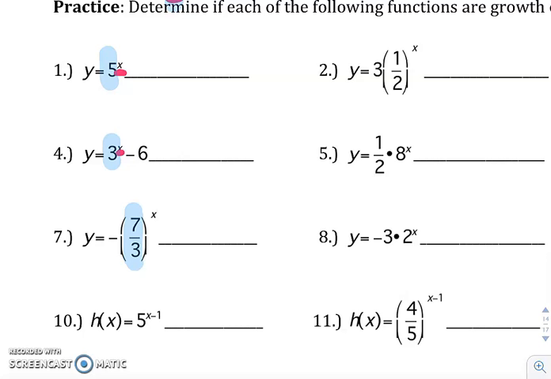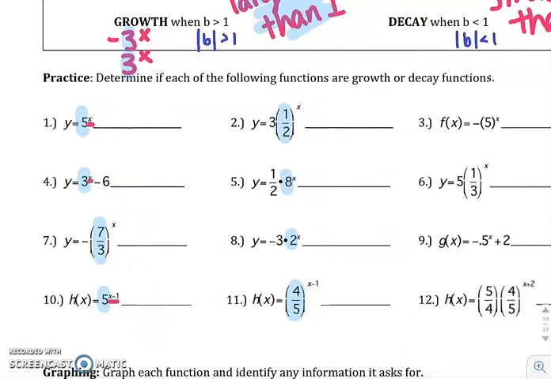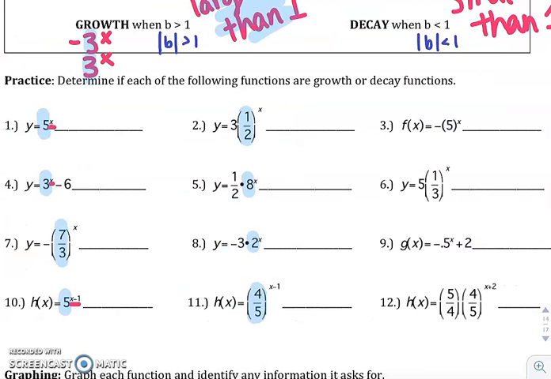Exponent is x minus 1, base is the 5. 4/5. Number 8, -3 times 2 to the x. Your exponent is the x, so the base is your 2. y equals 1/2 times 8 to the x, the 8. Here it's the 1/2. The 5, the 1/3, the 0.5, and the 4/5.